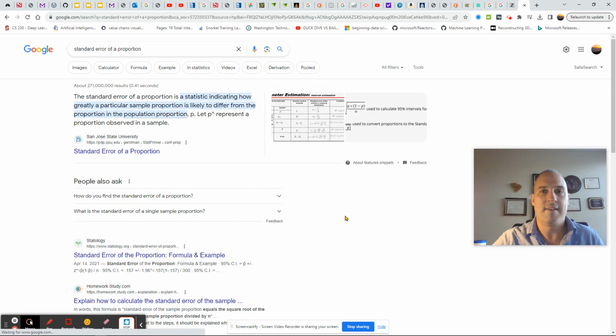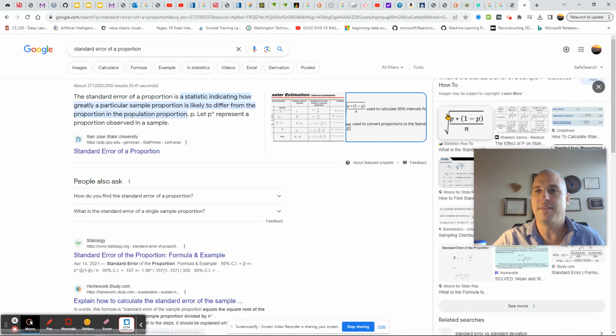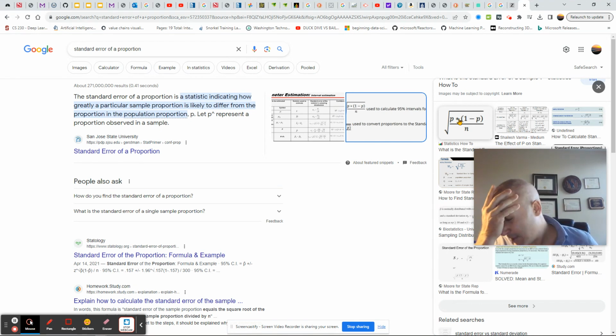Okay, so this is actually going to be right up here. Remember, we saw this in class. There's our equation. It's the proportion that we estimated, in this case 67%. So it'd be 0.67 times 1 minus 0.67, which is 0.33.